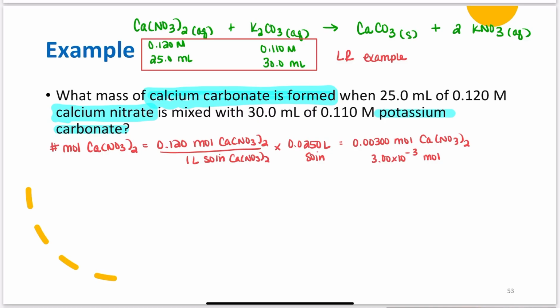And do the same thing for the number of moles of potassium carbonate. I have a 0.110 molar solution, so 0.110 moles of K2CO3 in every 1 liter of the potassium carbonate solution, and I have 30 mL of this solution.